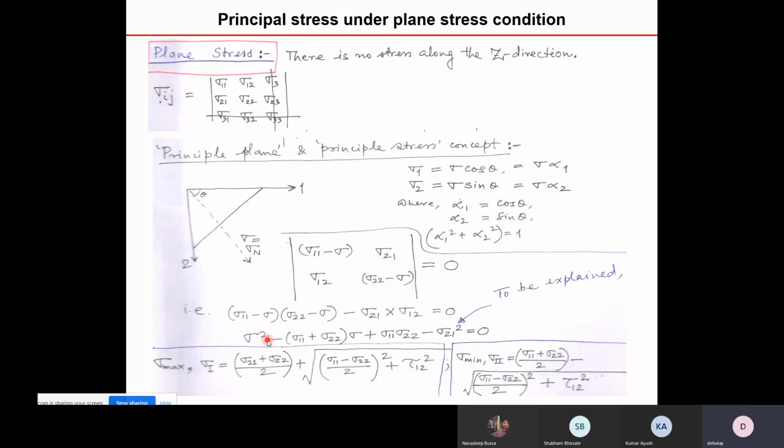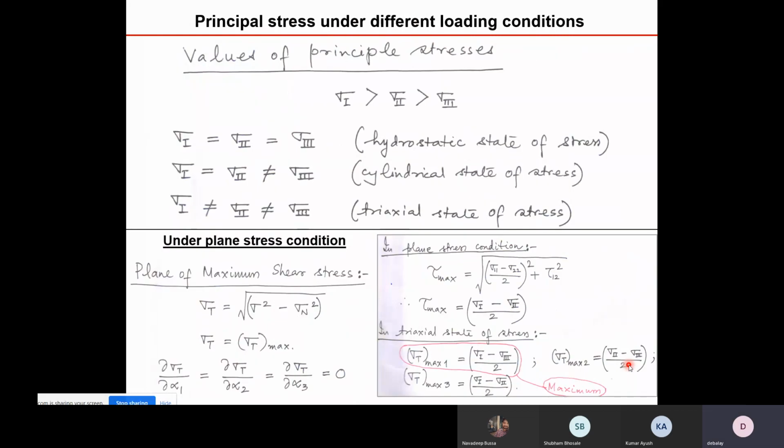This is a square form, so sigma square plus a sigma plus b form, and using Sridharacharya's formula you can get the two solutions, where the maximum value with the plus sign is taken as sigma Roman 1, the maximum principal stress, and the other value is sigma Roman 2, the second principal stress. The third does not exist here because it is a plane stress condition.